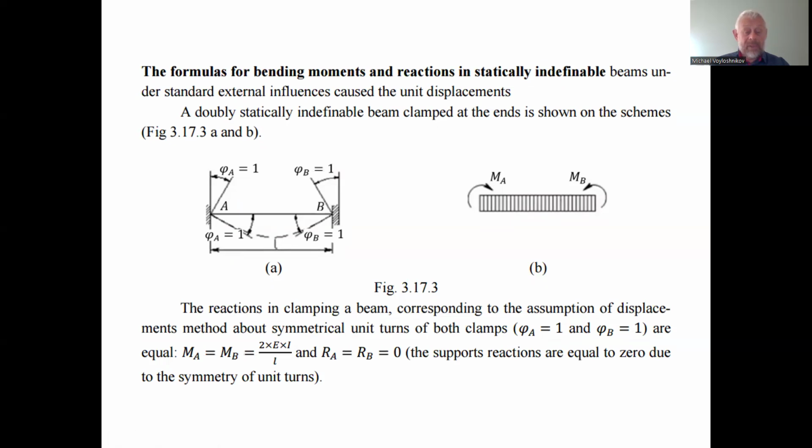Another one, if we have rotation of two embeddings on the left and on the right, what will be the bending moment diagram, how does it look, and what is the magnitude of the diagram.